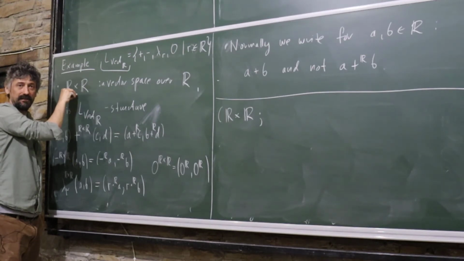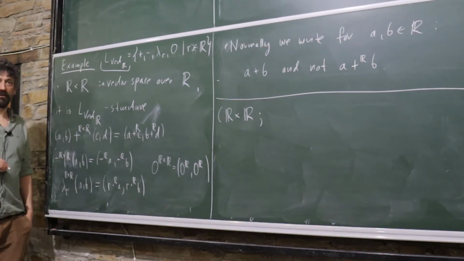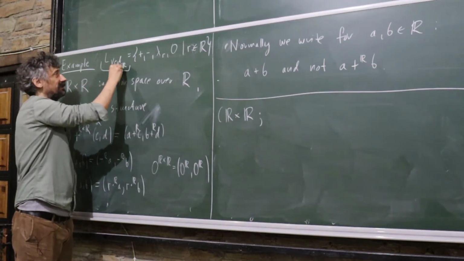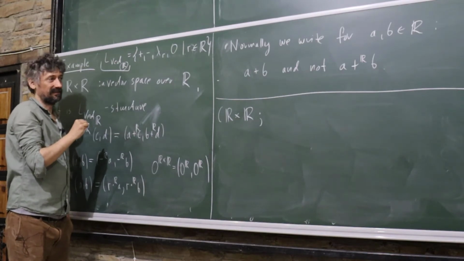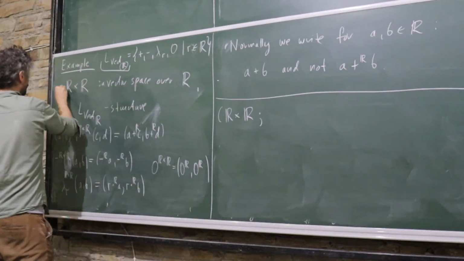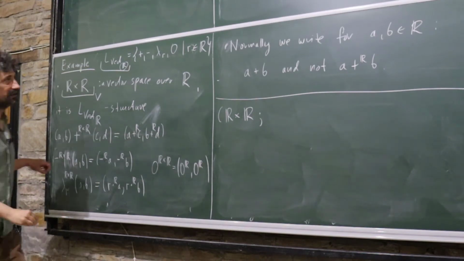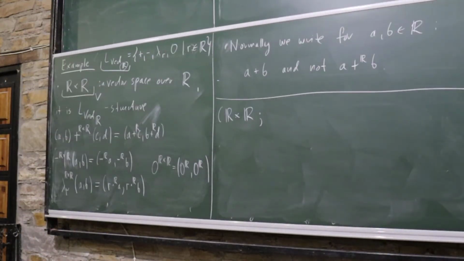This is a language of the vector space R over R. And now we are working on a new vector space R times R, which is a vector space over R. And so it is an L vector R structure. Shouldn't we write L vector space R times R? But this is the field. Okay, sorry. So this is like V, the vector space, the easiest one.